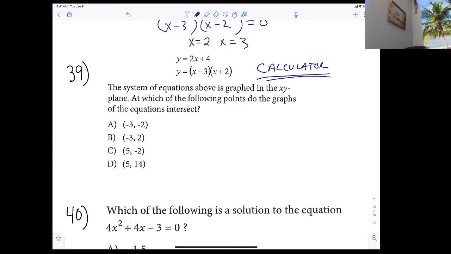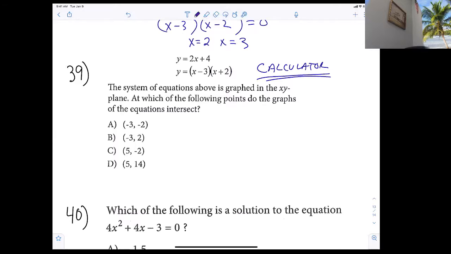So, yeah, negative 2, 0 is one of the answers.